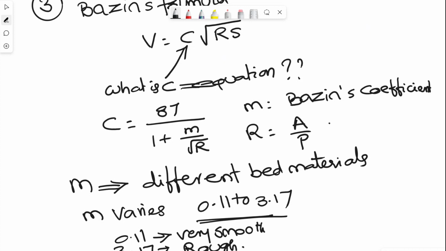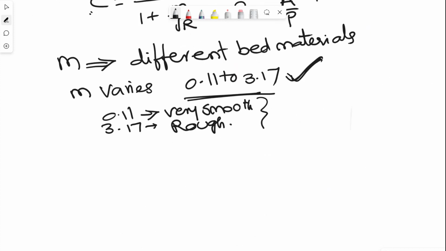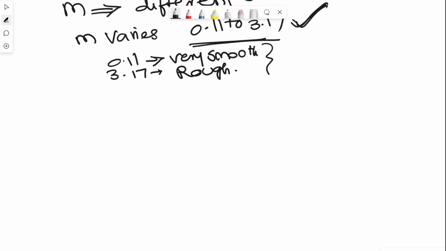Based on this, he defined these values. So once he defined these values, it became very easy to get C. And once C is obtained, again use Chezy's equation. That is it.